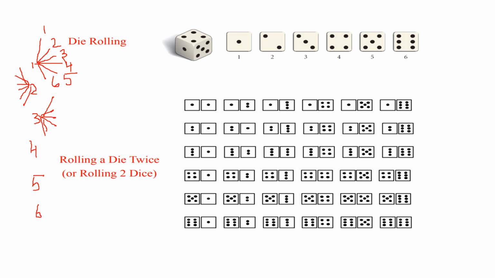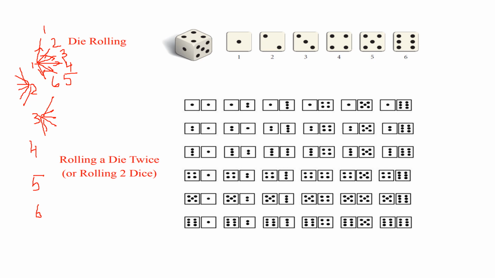So what are the outcomes? You can start from 1: 1,1; 1,2; 1,3; 1,4; 1,5; 1,6, as given in the picture.